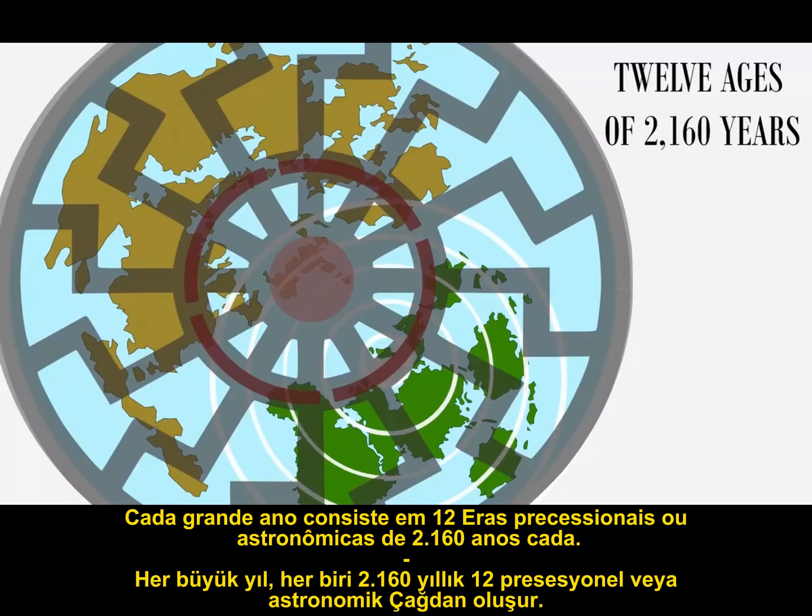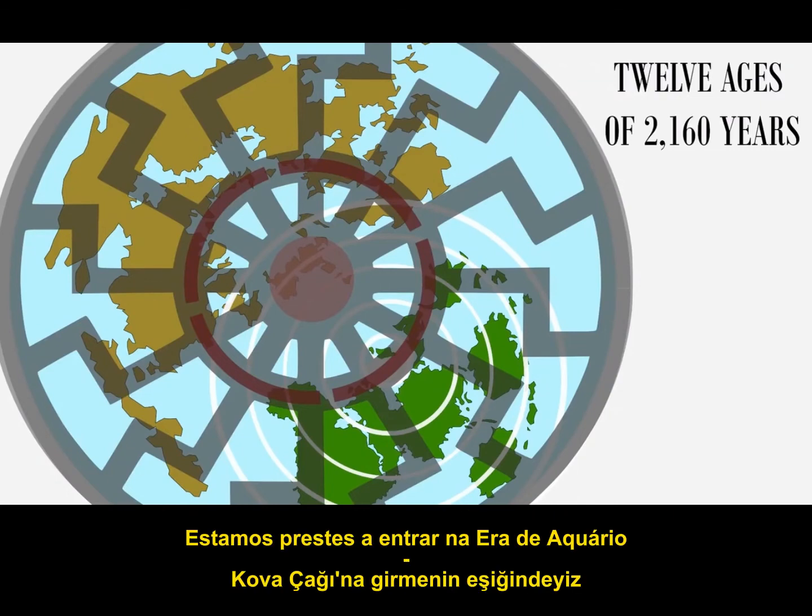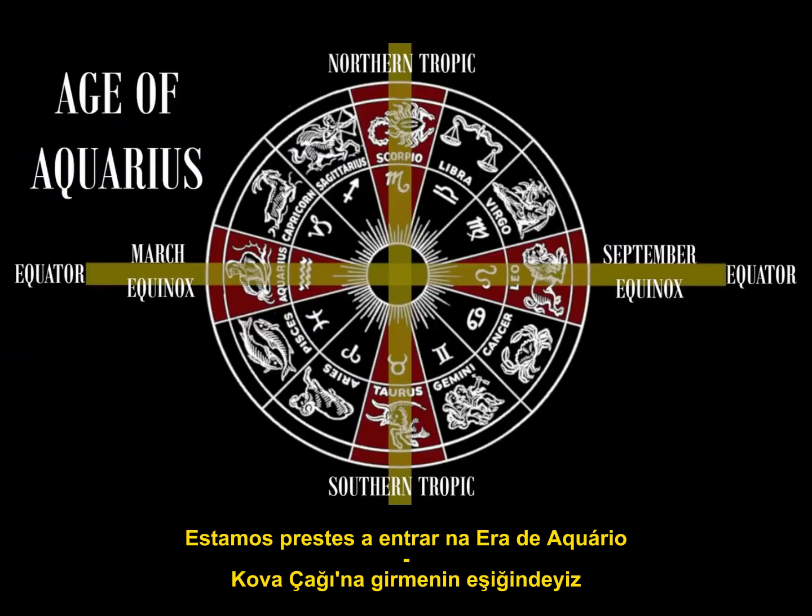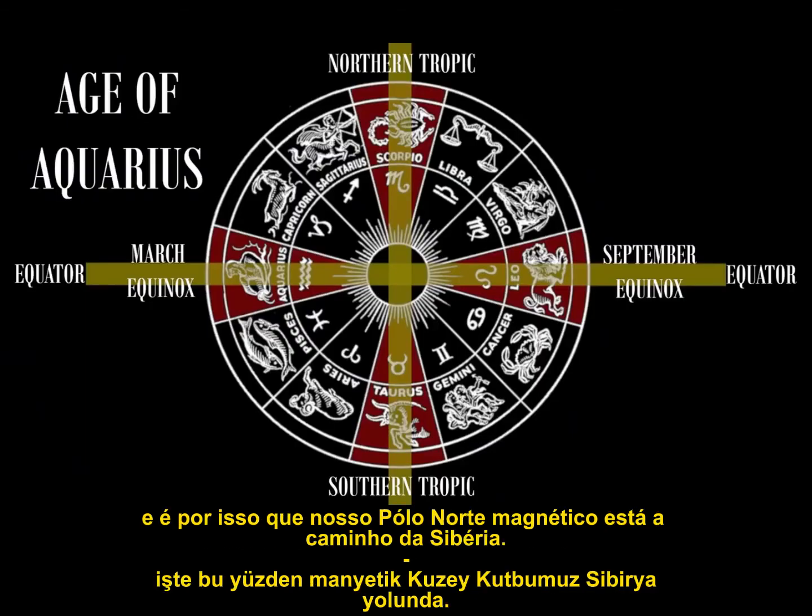Each great year consists of 12 precessional or astronomical ages of 2,160 years each. We are on the cusp of entering the age of Aquarius, and this is why our magnetic North Pole is en route to Siberia.